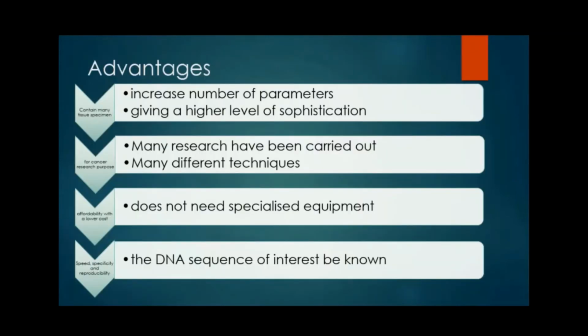Why do I say the last one is because speed in terms of generating the array is the main advantage, because spotting the DNA onto the chip requires only the DNA of interest to be known. Therefore, no extra time would be spent in handling cDNA resources, such as the preparation and accurate determination of handling bacterial clones, PCR products or cDNAs, thus reducing the likelihood of contamination and mix-up.